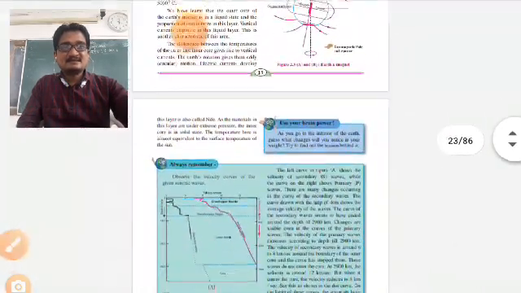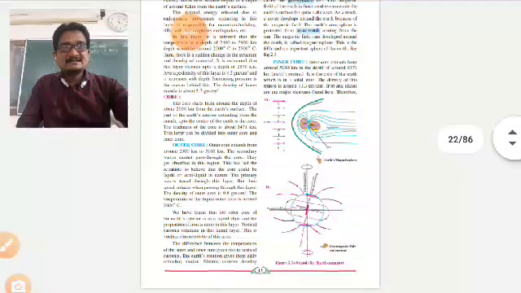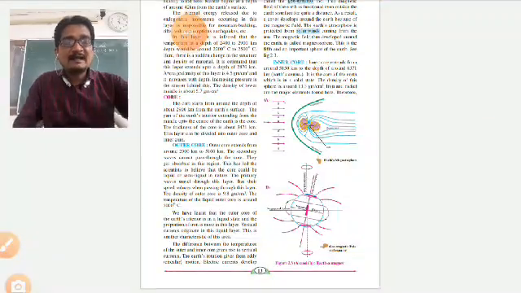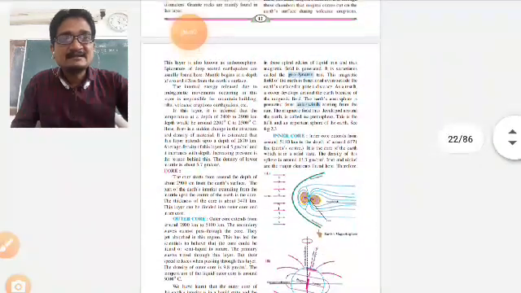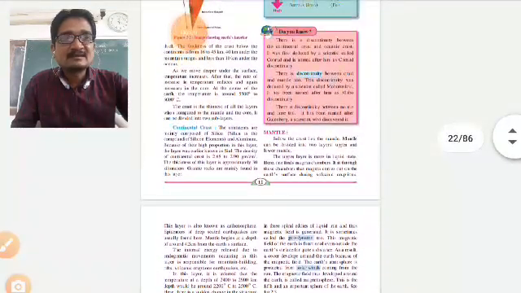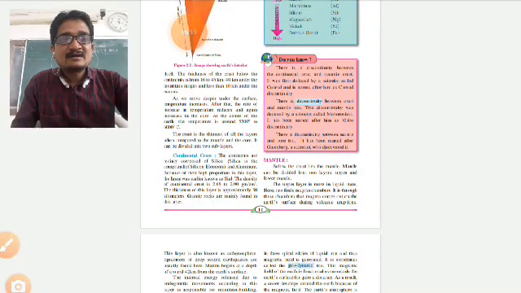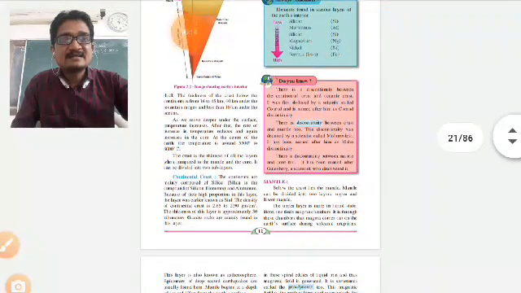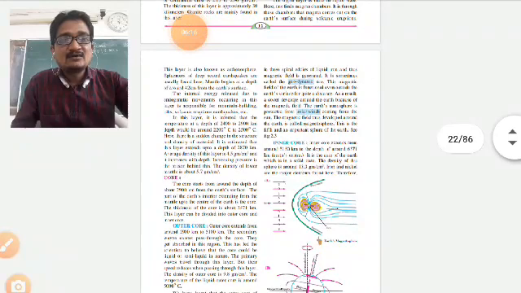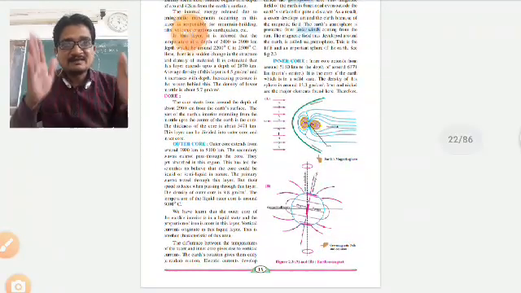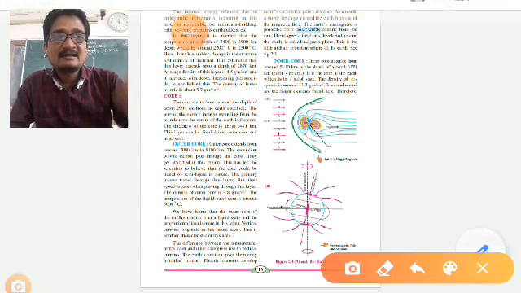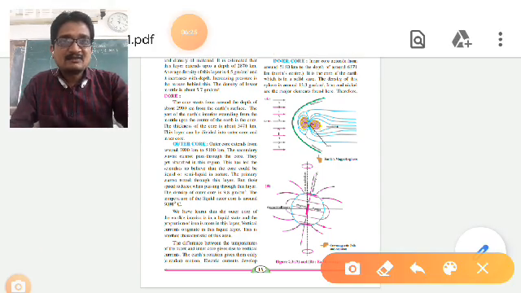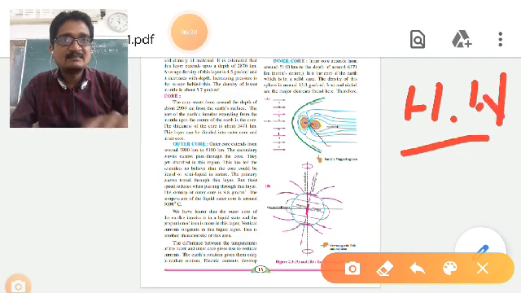So all these are the characteristics of the outer core and inner core. Properly you can read these cores. All we have seen: continental crust, oceanic crust, then mantle, then cores, outer core, inner core. Differentiate between outer core and inner core. You can just write down this question in homework, HW.